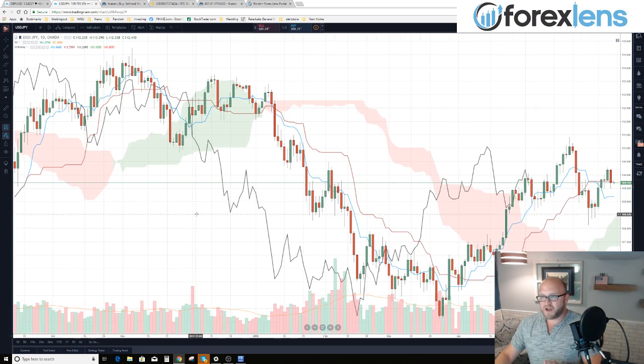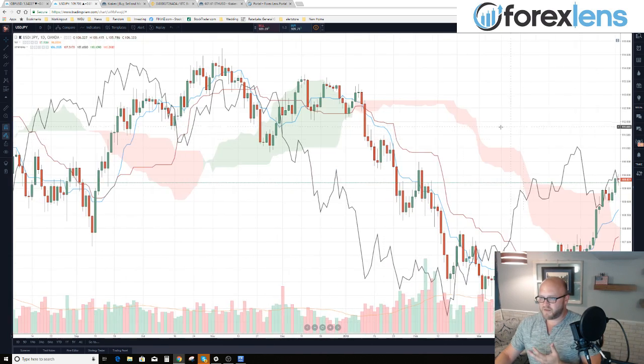Before John Bollinger even came up with that, the Japanese had this in the Ichimoku system. Whenever price is inside the cloud, we do not take a trade. That is telling us that there is no clear direction, that we're in an area of consolidation. We don't take trades in the cloud. It's very easy. Whatever time frame you're trading on, if you see price inside the cloud, don't trade it.